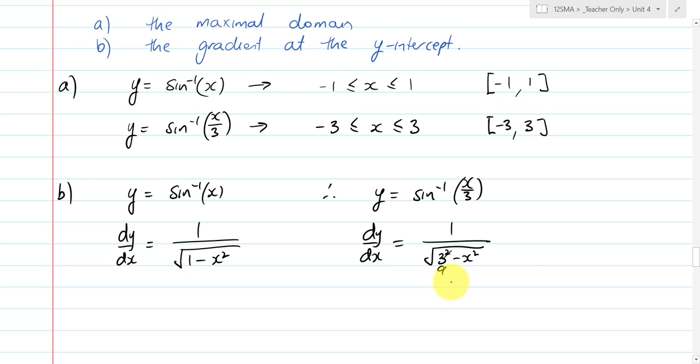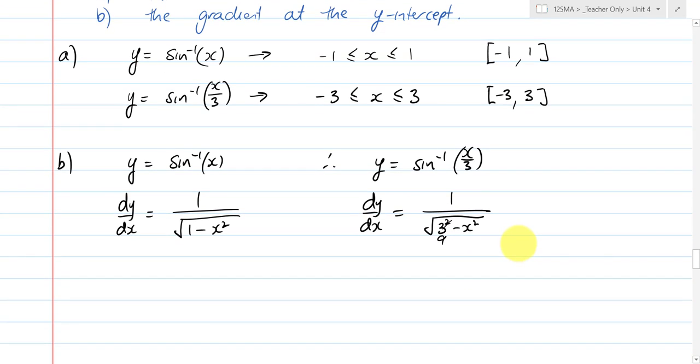That's our gradient function. Now we want to know the gradient at the y-intercept, and the y-intercept occurs when x equals 0. So at x equals 0, y equals sine inverse of 0, which has many answers, but the answer we're looking for is 0. So it goes through the origin.